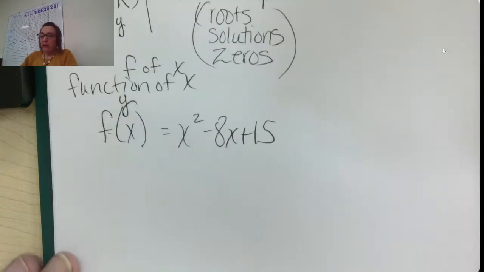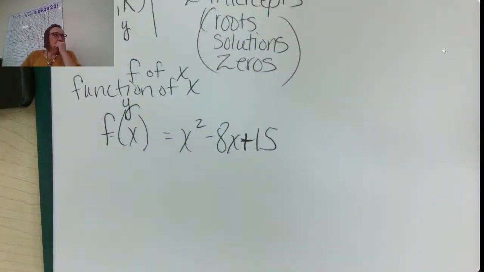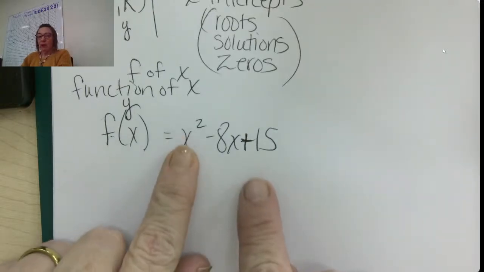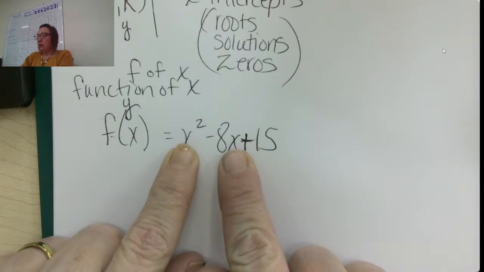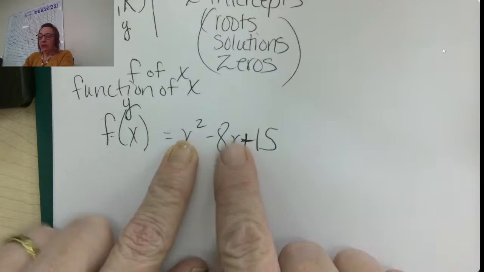Okay, if you look at that equation right there. So you're looking at that equation. Is there a way to look at that equation and identify the y-intercept? Why? So, if we put 0 in here and we put 0 in here, saying x is 0, that's on the y-axis, x is always 0, right?